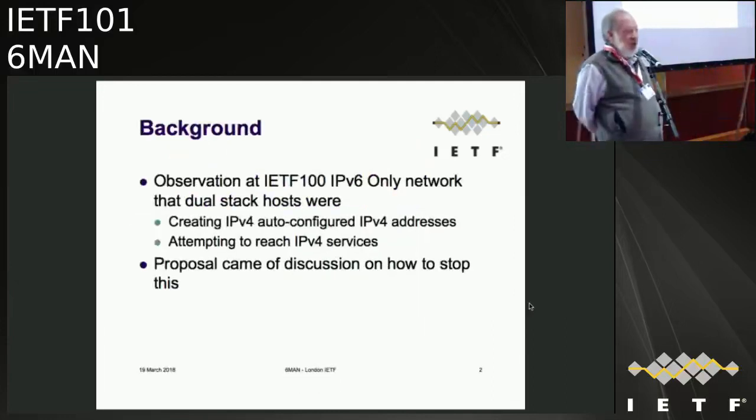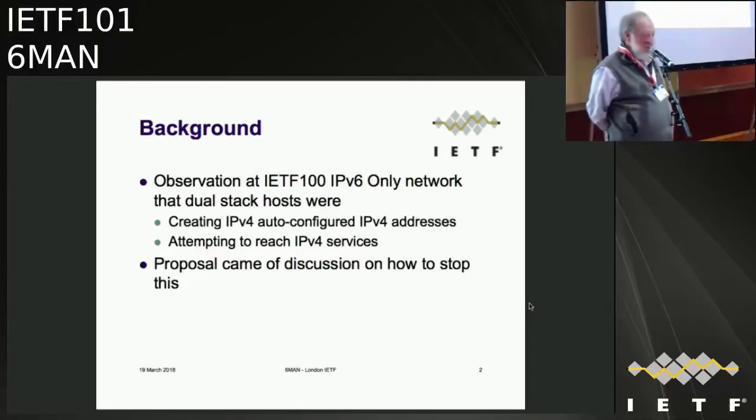So this came about based on a discussion we had at the last IETF on the IPv6-only network. We noticed that dual-stack hosts, which I think are most hosts these days, were still trying to use IPv4. They're creating addresses, attempting to reach services, and it wasn't a giant amount of traffic, but it was some traffic.